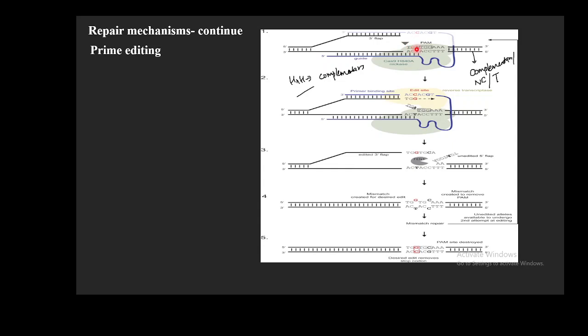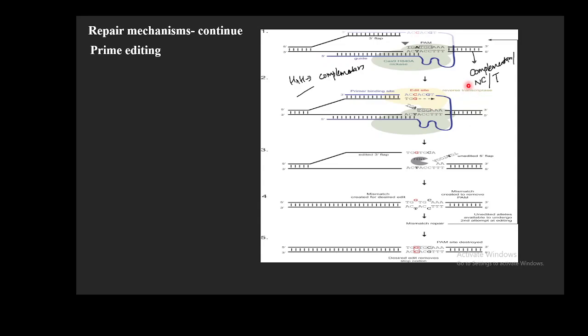Then you need to create the sequence: if you want to convert TGA to TGG, you need to have a sequence complementary to TGG, which is going to be ACC. Similarly, for other sequences you need to design as per your experiment.